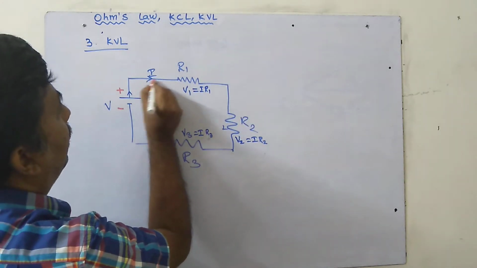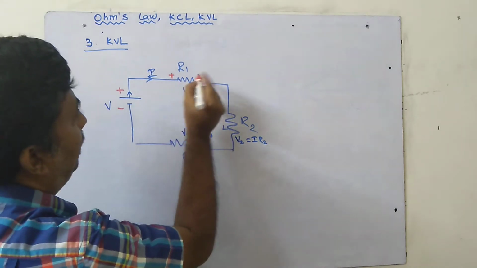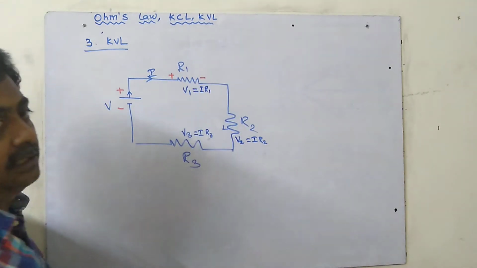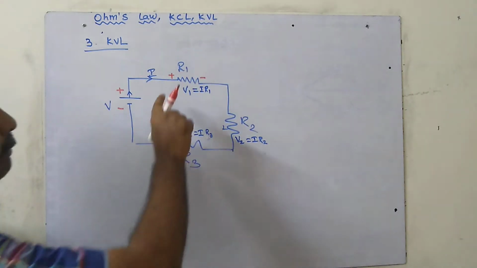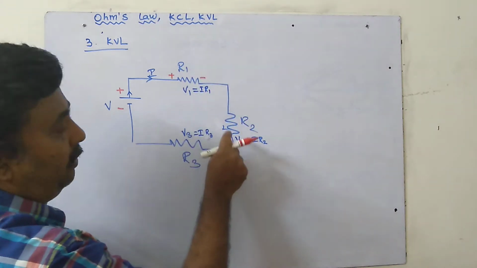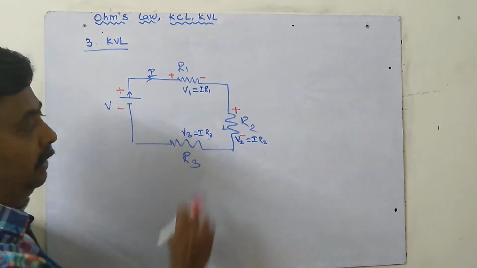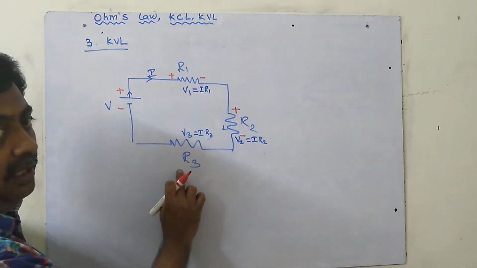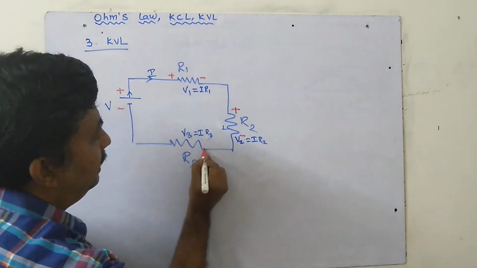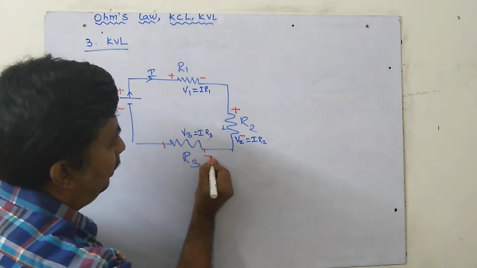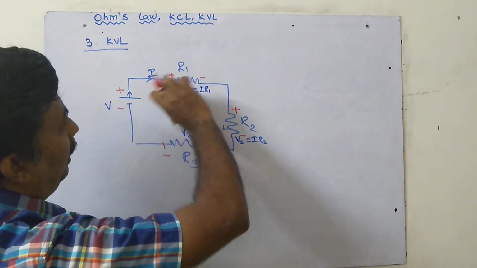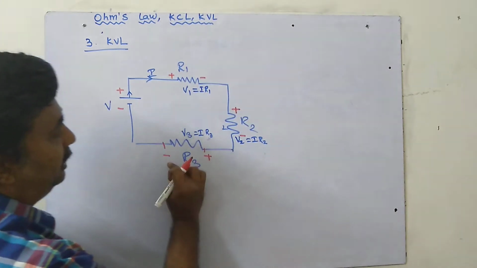Into this resistor R2, the current entering point is plus and the current leaving point is negative. Similarly for this R3, the current entering point is positive and this point is negative, because the current is flowing like this.